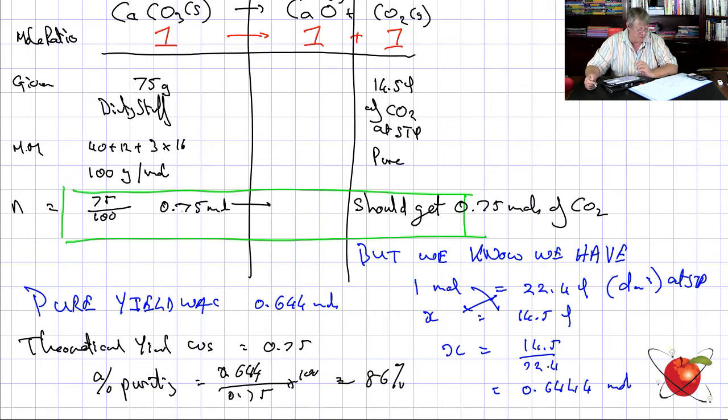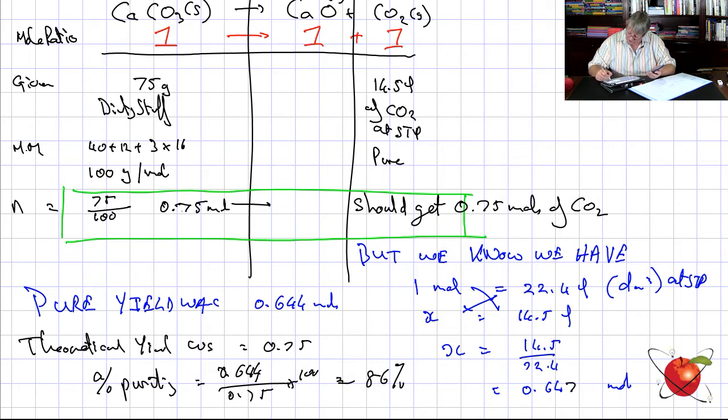So we should get 0.75, all right, and we got 0.64. We just check. 14.5 divided by 22.4 is equal to 0.6473.